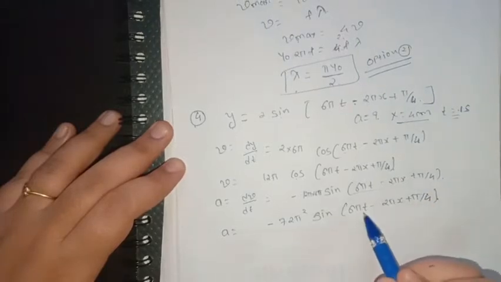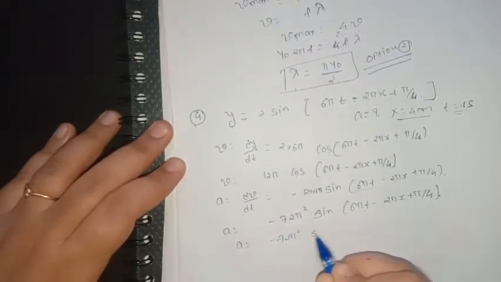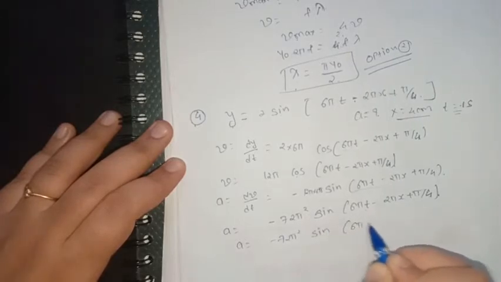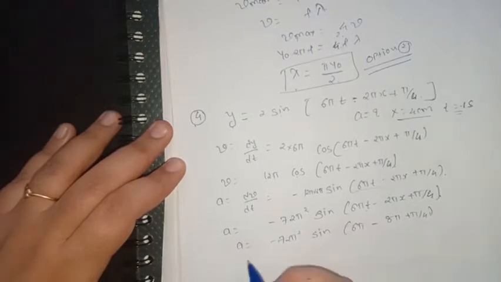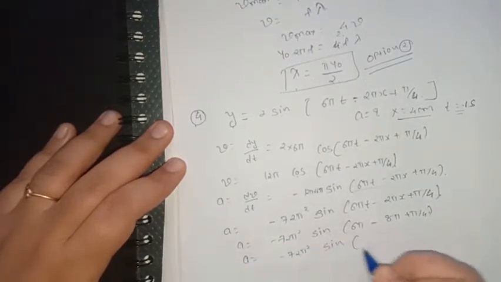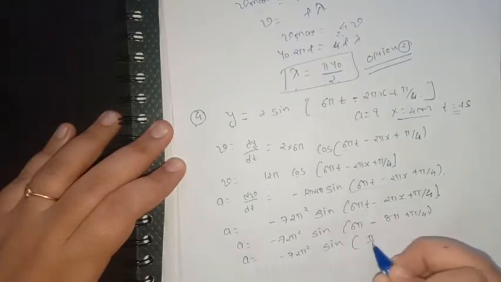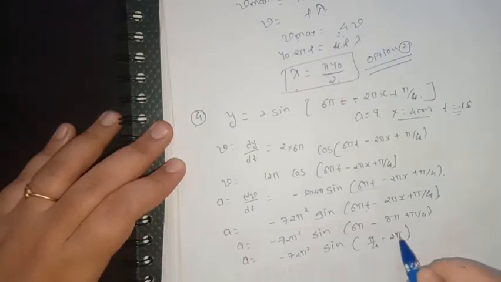Put these values in this equation. We'll get a equals minus 72 pi square sine of (6 pi minus 8 pi plus pi by 4). So a will be minus 72 pi square sine of (pi by 4 minus 2 pi). This will be pi by 4 minus 180 degree.